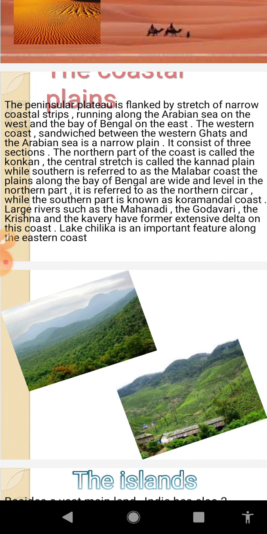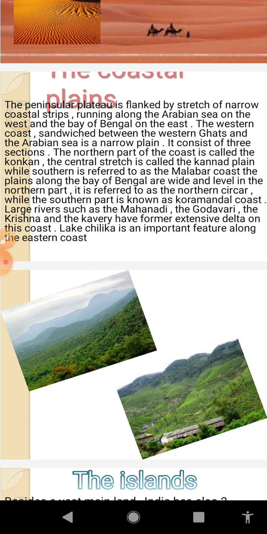It can be divided into three sections. The first one is Konkan, the northern part between Mumbai and Goa. The central part of the coastal plain is known as the Kannad Plain, which lies in the state of Karnataka.